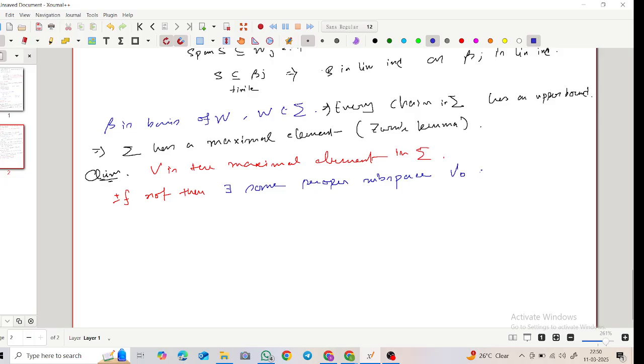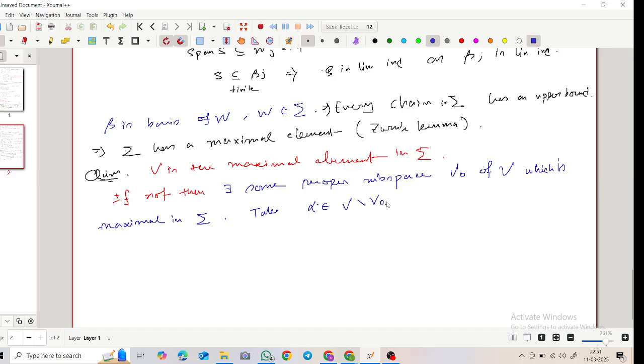V naught of V, which is maximal in sigma. Right? So take V naught, or maybe alpha from V minus V naught.